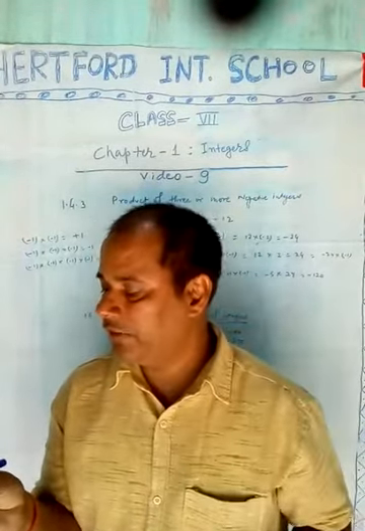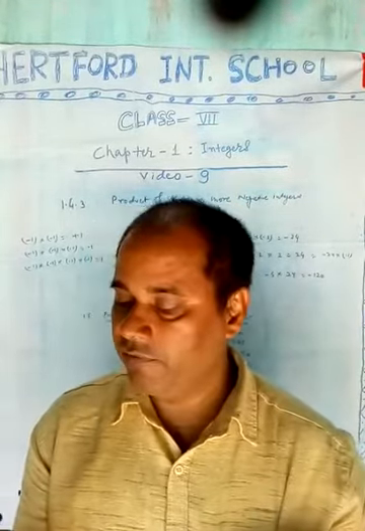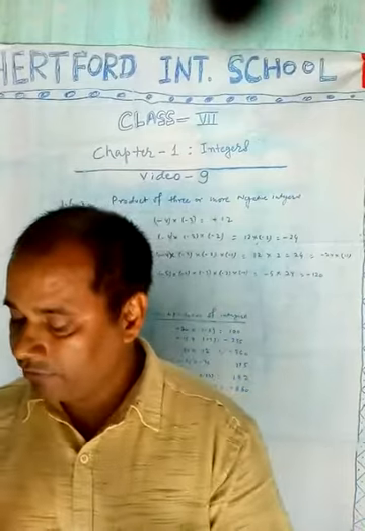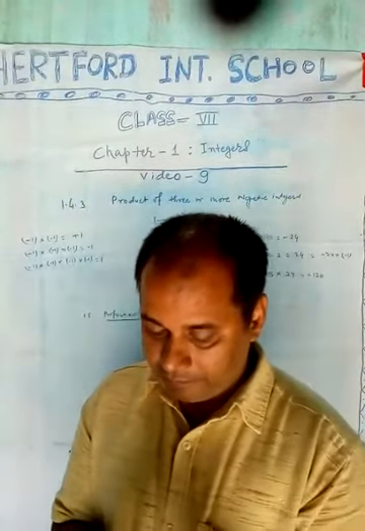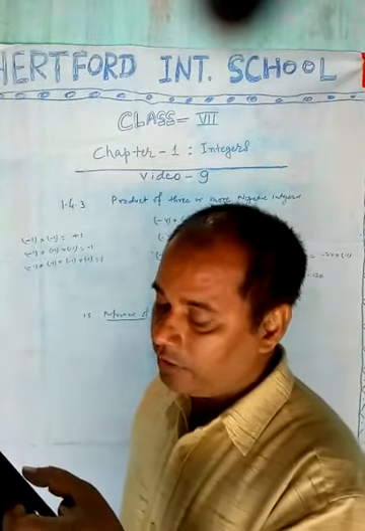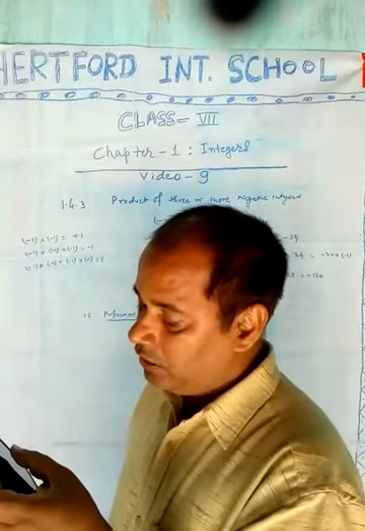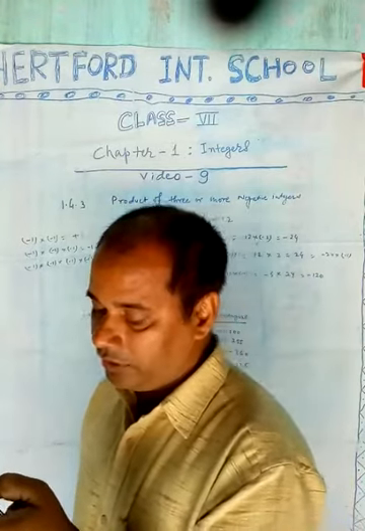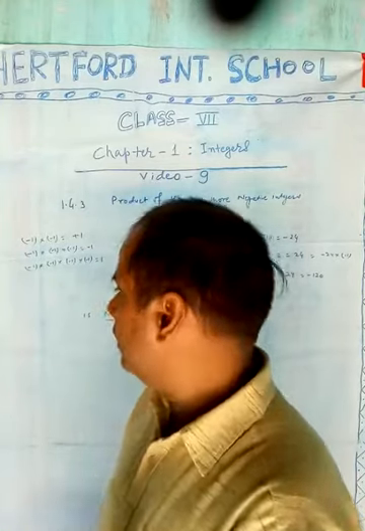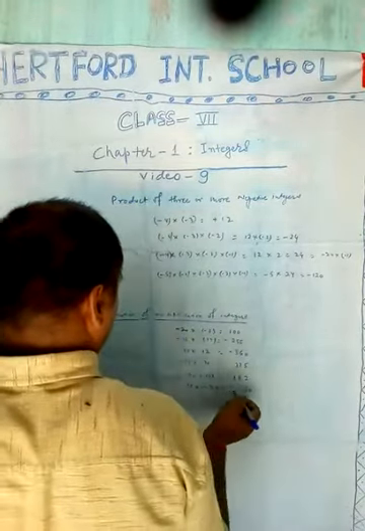Now next point is 1.5.2, the commutativity of multiplication. We know that multiplication is commutative for whole numbers. Can we say multiplication is also commutative for integers? Observe the following tables and complete it. Here 3 × (-4) is equal to -12, (-4) × 3 is equal to -12, and 3 × (-4) is equal to (-4) × 3. (-30) × 12 is equal to what? -360, and 12 × (-30) is equal to -360.